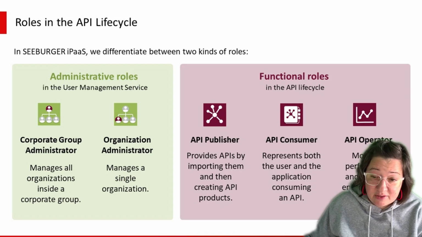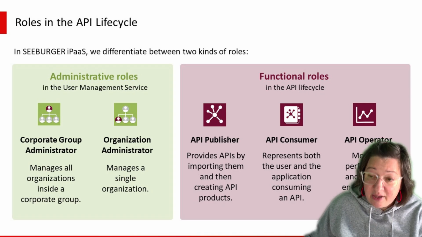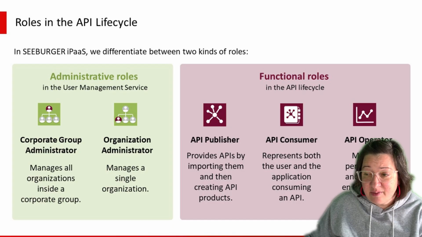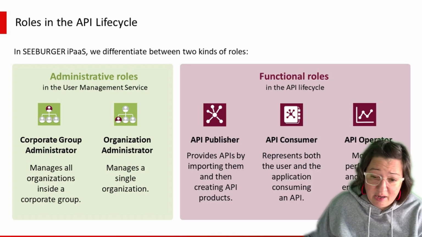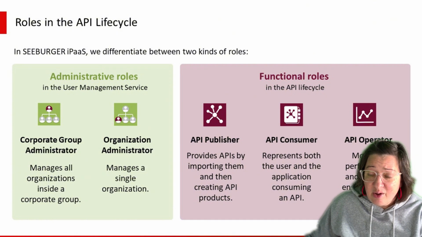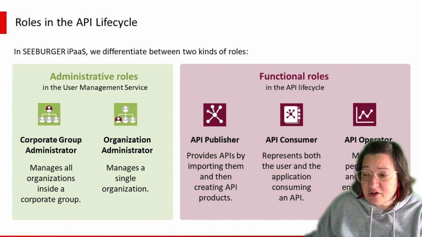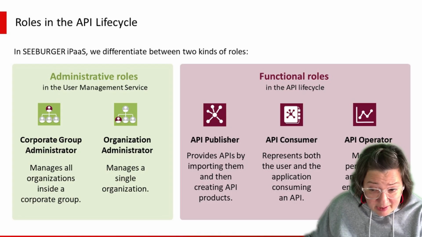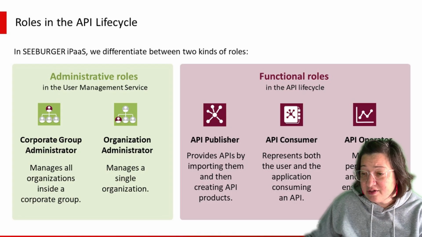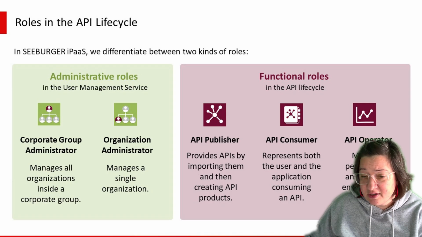So the user logs into the API Catalog app, discovers and requests an API product, and retrieves secure credentials. These credentials are then configured in the target system, for example an ERP or CRM application, which technically becomes the actual consumer of the API. And the API operator monitors performance and usage to ensure reliable operation.